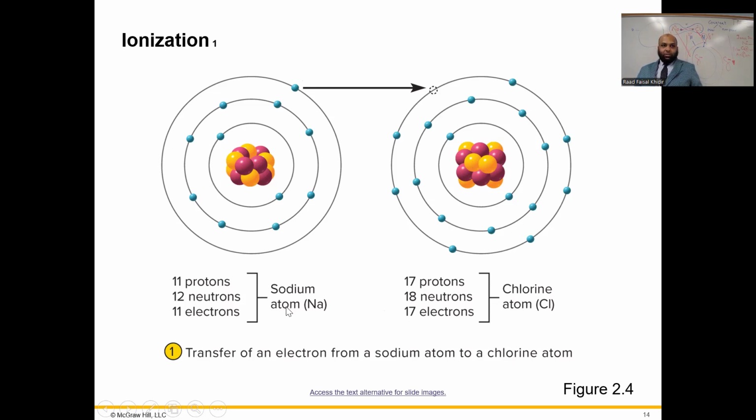Because the one that is left, it wants to get down to 8 in the outer shell, so it's going to go to the other one. It's going to donate it. It's going to become positive because it lost an electron, and this one gained a minus, so it's going to become negative.